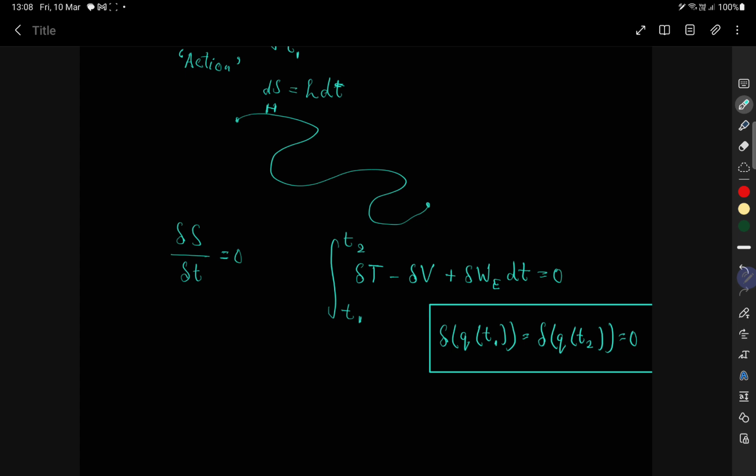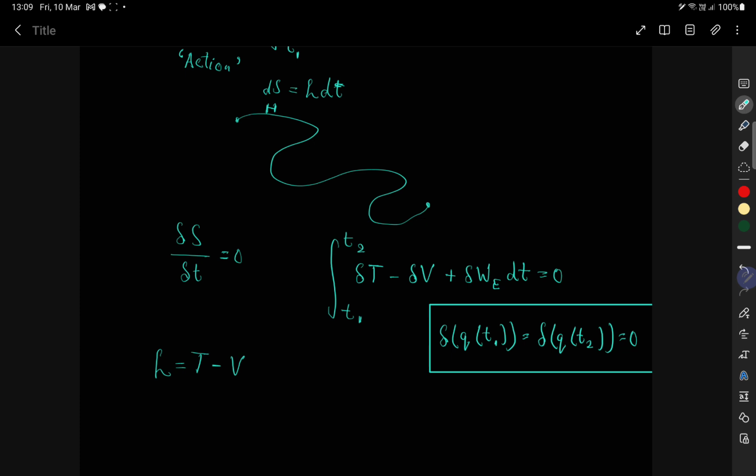Now, also if it isn't clear, I'll just write it. The Lagrangian is T minus V plus WE. WE refers to the external work done, V refers to the potential energy, T refers to kinetic energy. Also, a lot of systems just don't acknowledge WE because external work done has to directly affect this body. This external work could be something like resistance.